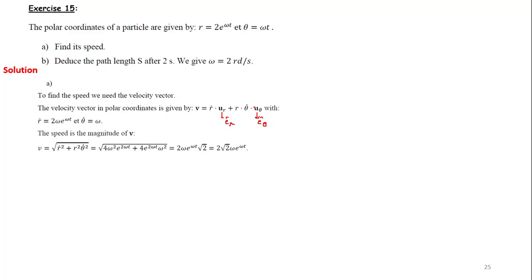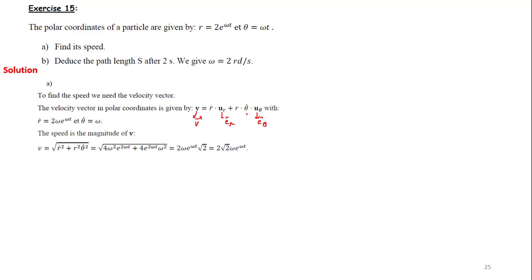So what differentiates this r and this u? r here is a scalar, but u here is a vector because it's written in bold. v is also in bold, so this is a vector. These are just different ways of writing. So this is the velocity vector in polar coordinates, but we don't have r dot, we have r.